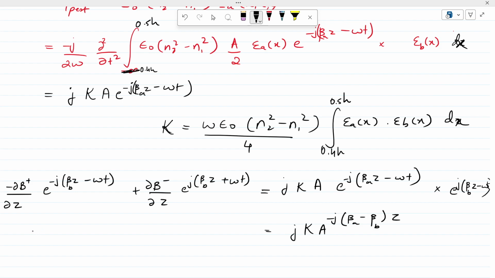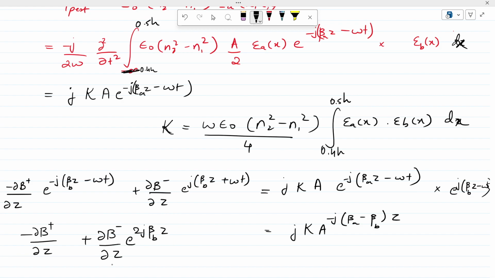LHS will become minus dou B plus by dou z. Why am I doing this? Because I want to find this beta plus variation with respect to kappa. So I'm just trying to simplify that part. Plus dou B minus by dou z e power 2j beta b z, and plus omega t minus omega t gets cancelled, so that will be 0.